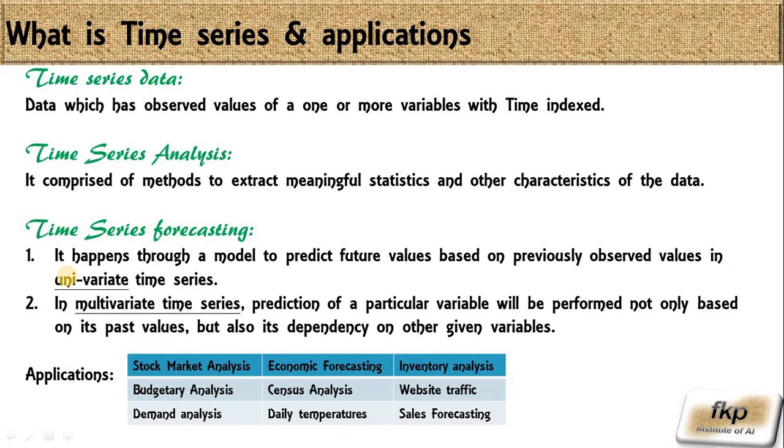For the variable which we are going to predict values for, we will be observing how that particular variable is related to itself throughout the previous times, and at the same time how it is related to and depending on other variables in the given data. So based on these two things, multivariate time series forecasting methods will go on.